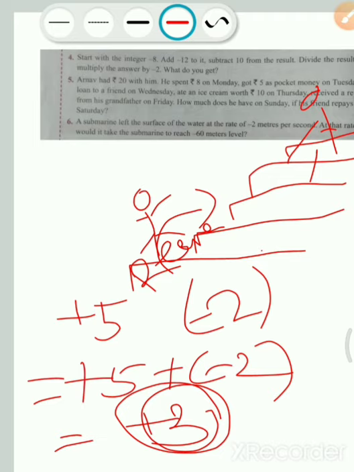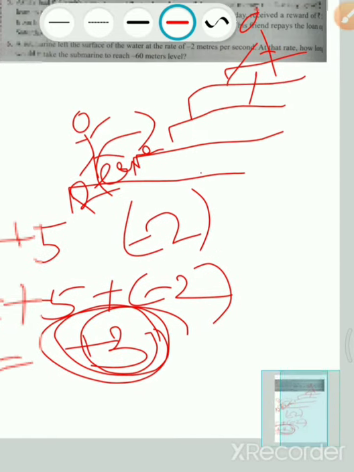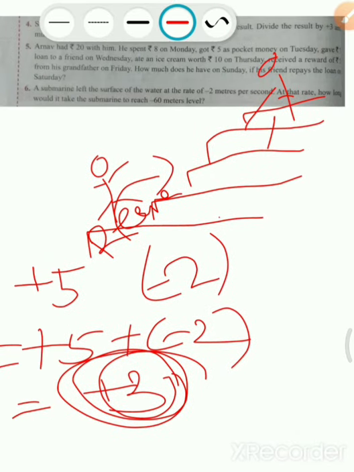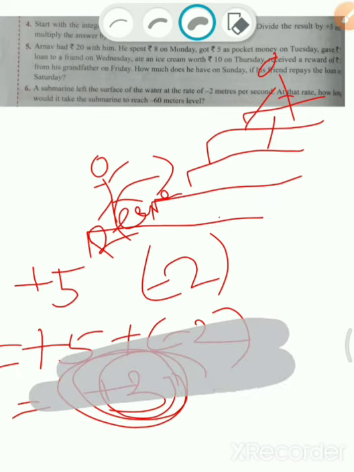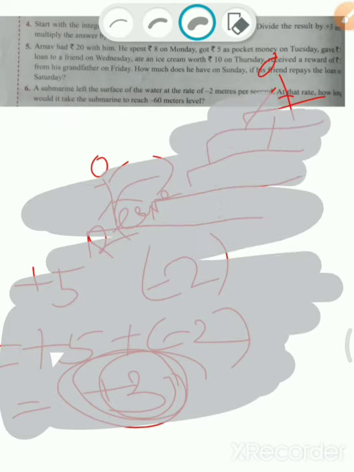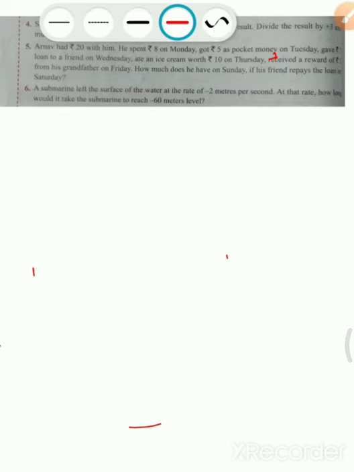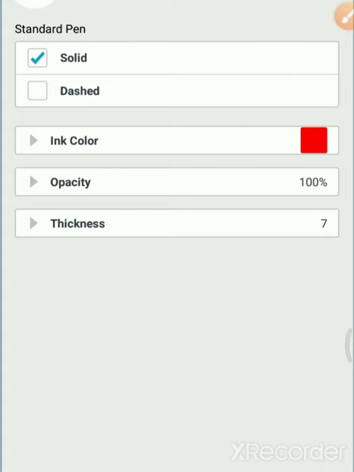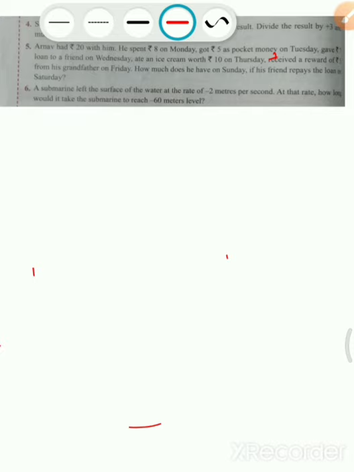Within 2 seconds you can climb three stairs. Now, to climb 60 stairs, how many seconds will you take?